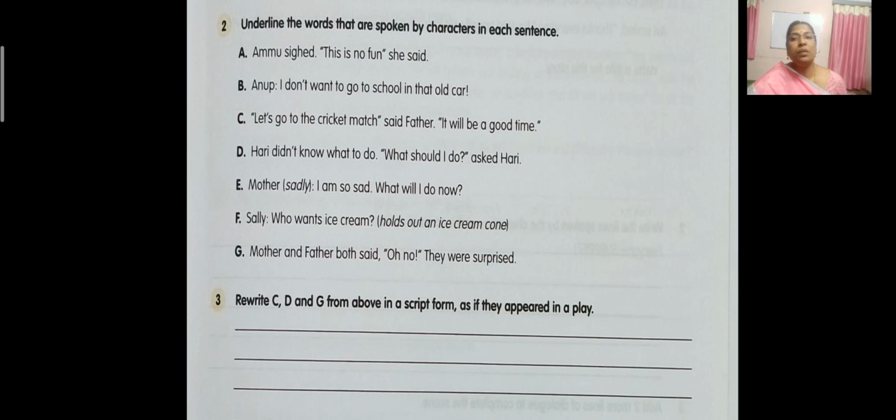Who is speaking? Father is speaking. So you write father, put two dots, that is colon. Then, let's go to the cricket match, full stop, it will be a good time. Is this clear, children? So when you are writing the dialogues in a play, you should remove the quotation marks, put two dots and write the dialogue.